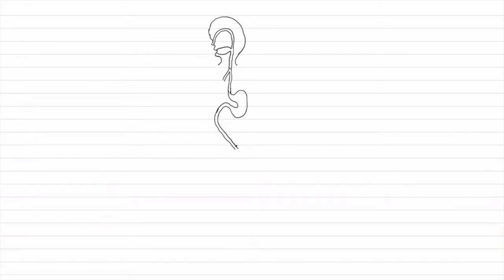The cardiac stomach is connected with the esophagus and the pyloric stomach is connected with the small intestine. The small intestine starts at the end of the stomach.